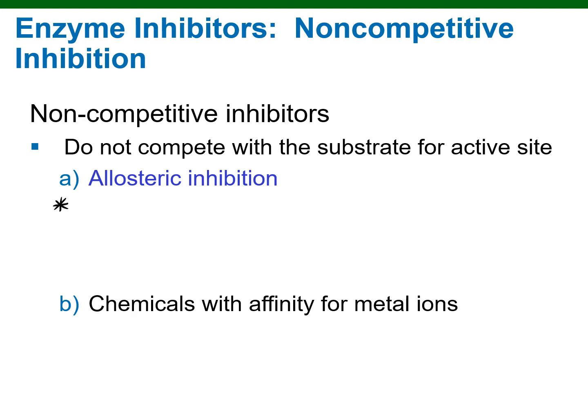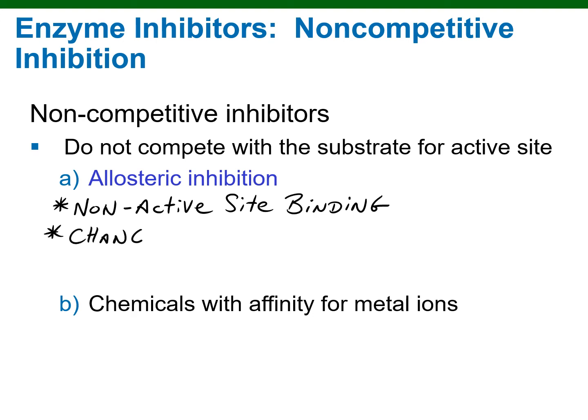And in a previous slide, allosteric was defined as an other space, a non-active site that does not bind with the substrate. And when this non-active site or allosteric site is bound with a non-competitive inhibitor, it may change the shape of the enzyme so that the enzyme's active site can no longer make contact effectively with the substrate.